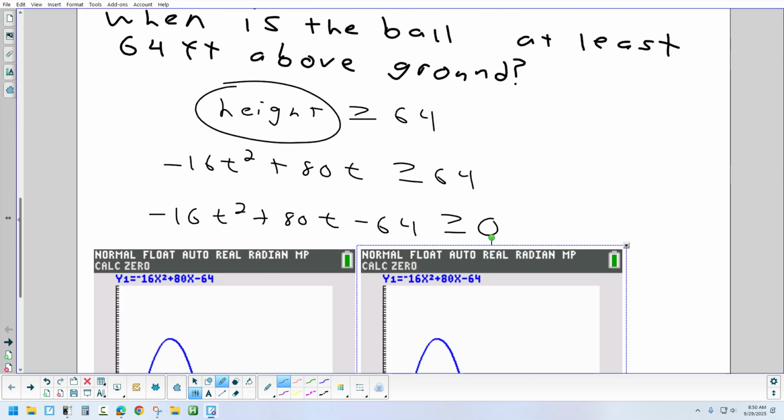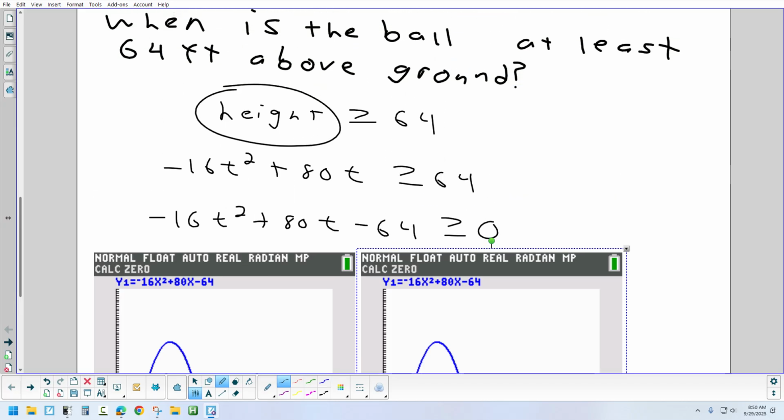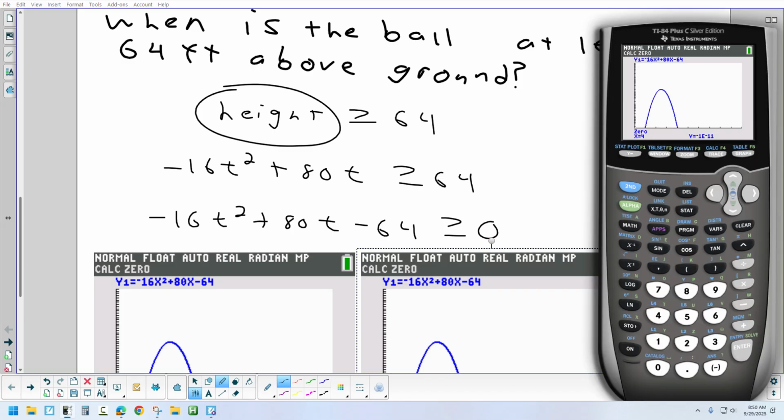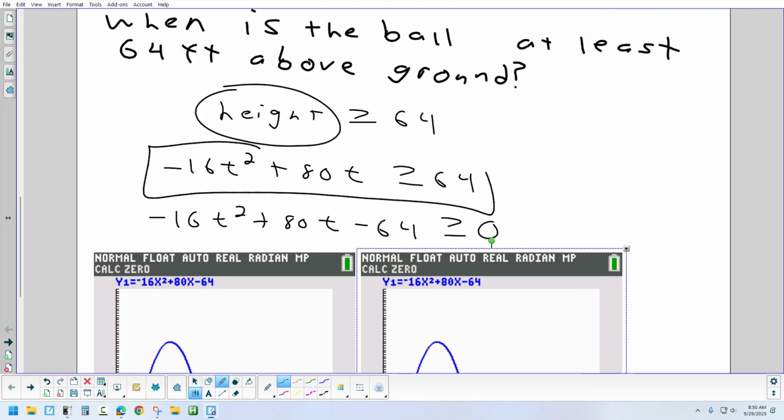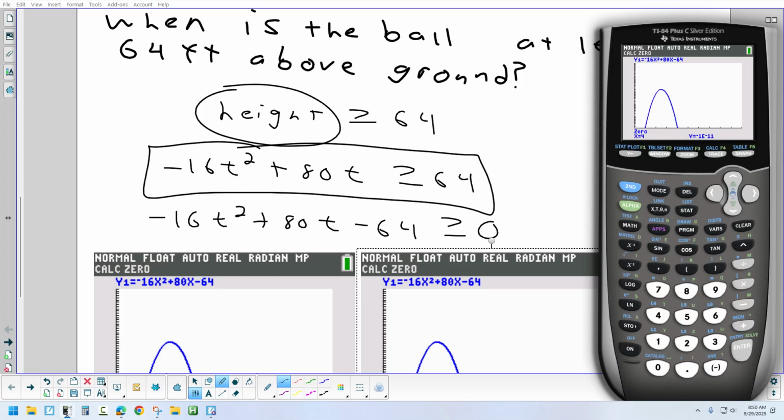Remember, we're not looking for a 64 this time because we moved the 64 to the other side. If we hadn't moved the 64 to the other side and we graphed it like this, then we could have done this same problem as an intersect. It would look a little bit different.